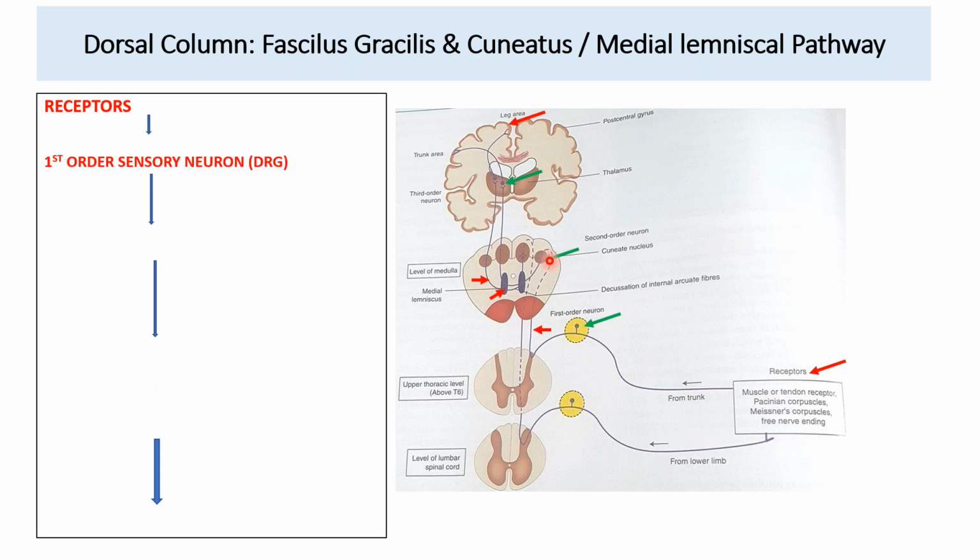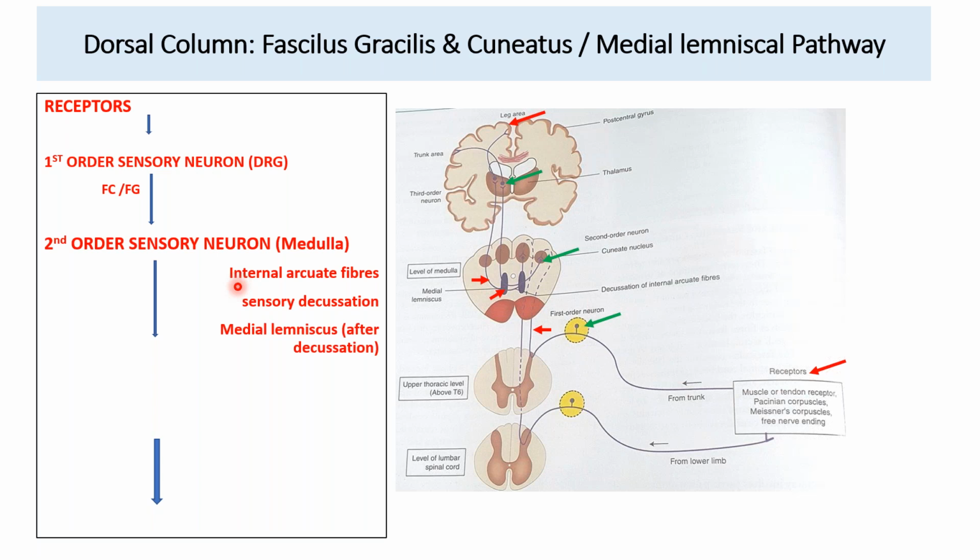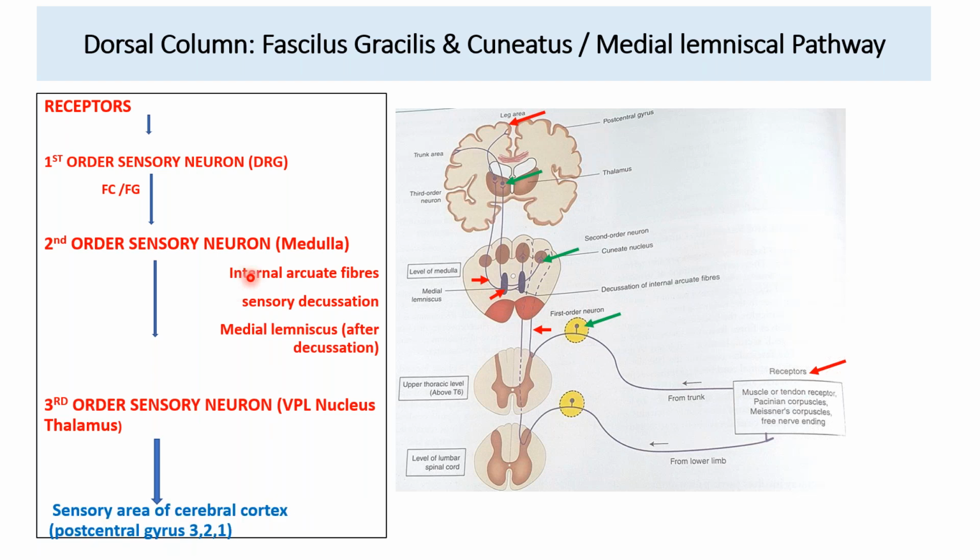From the receptor level to the dorsal root ganglia, which is the first order neuron, the axons are now termed the fasciculus cuneatus and fasciculus gracilis, reaching the medulla, the second order neuron, which is the gracile nucleus and the cuneate nucleus, then decussating to form the internal arcuate fibers, sensory decussation, medial lemniscus after decussation, and reaching the third order neuron, which is the ventro-posterolateral nucleus of thalamus, reaching the sensory area in the same somatotopic representation, that is, the leg represented medially and the trunk area or the cervical region represented laterally on the somatosensory area.